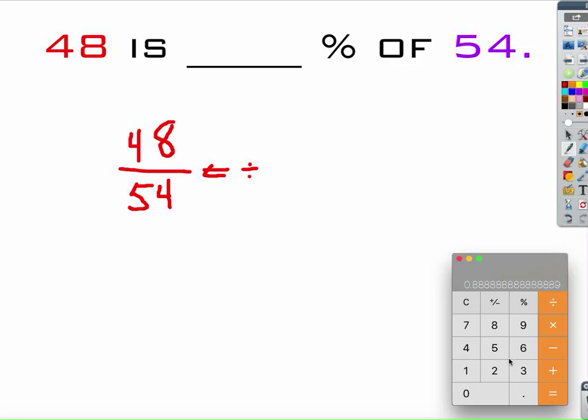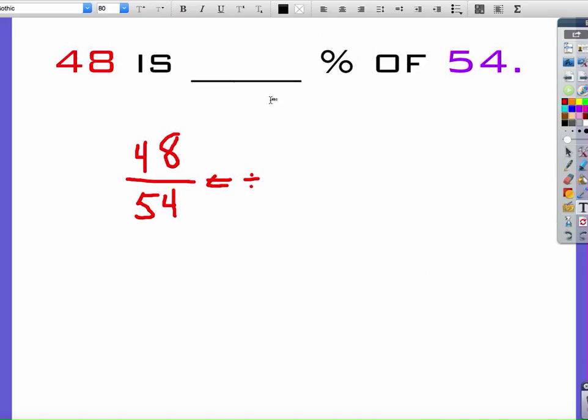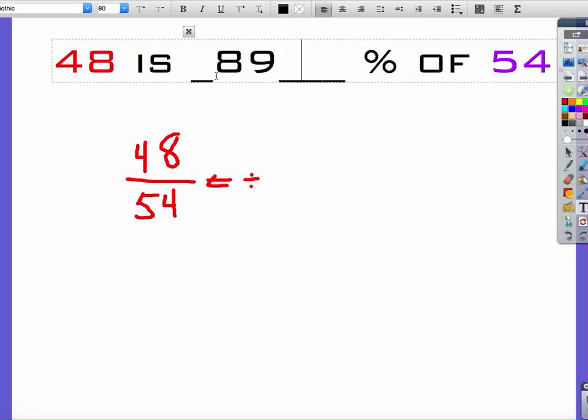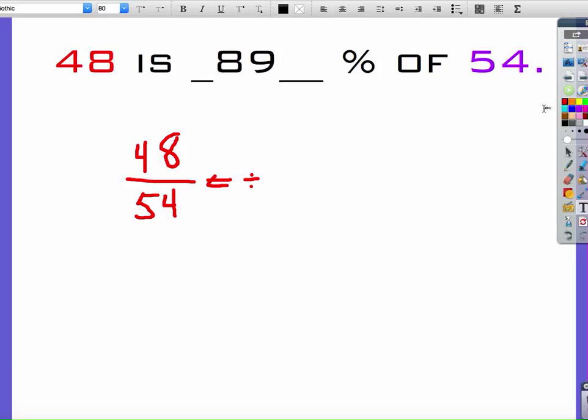Then we times it by 100 because a percent means out of 100, and we get 88.8 repeating percent. If we rounded that to the nearest percent, it would be 89%. So 48 is 89% of 54.